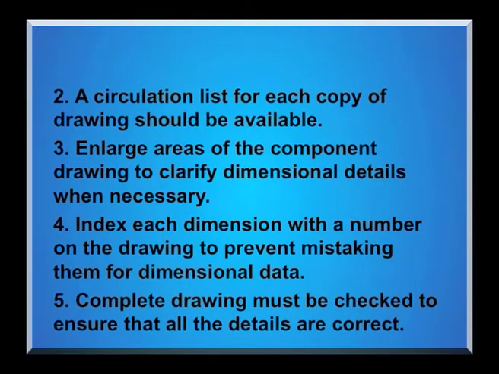Second, a circulation list for each copy of the drawing should be available. Third, enlarge areas of the component drawing to clarify dimensional details when necessary. Fourth, index each dimension with a number on the drawing to prevent mistaking them for dimensional data. Last, the complete drawing must be checked to ensure that all the details are correct.